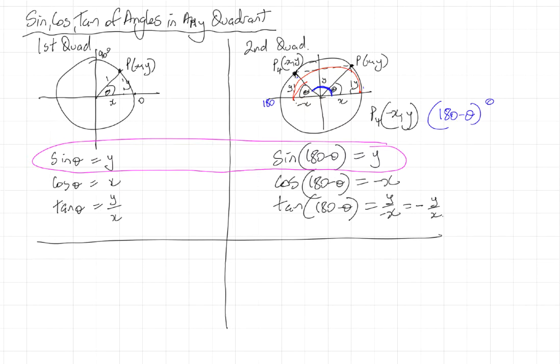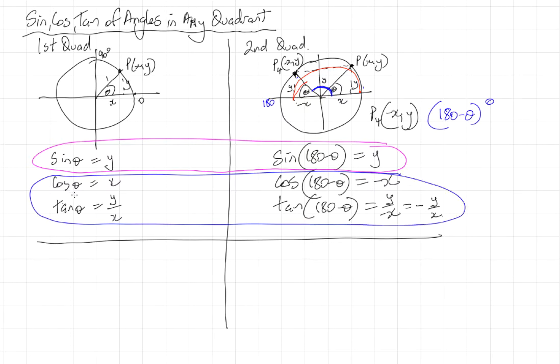The cos of 180 minus theta is the negative of cos of theta, because this is equal to x and the cos of 180 minus theta is negative x. So these two are the negatives of the ones that are in the first quadrant. So the cos of 180 minus theta is equal to minus cos theta. And the tan of 180 minus theta is negative tan theta.